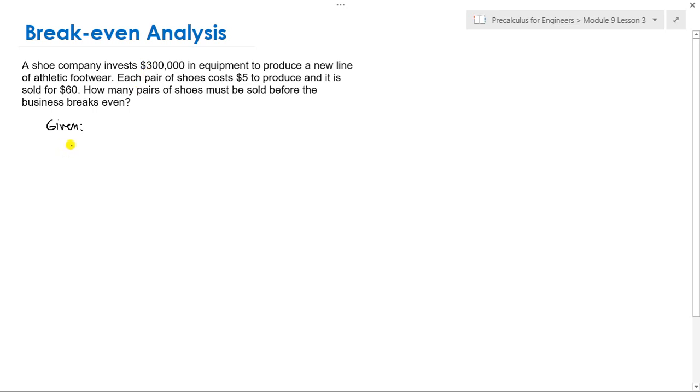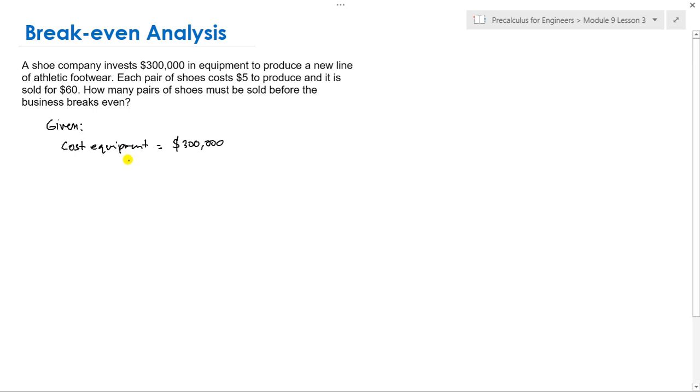What does this $300,000 mean? That is the cost of equipment. Okay, that is a fixed cost. So the cost of equipment is $300,000. The company is a shoe company making athletic footwear.